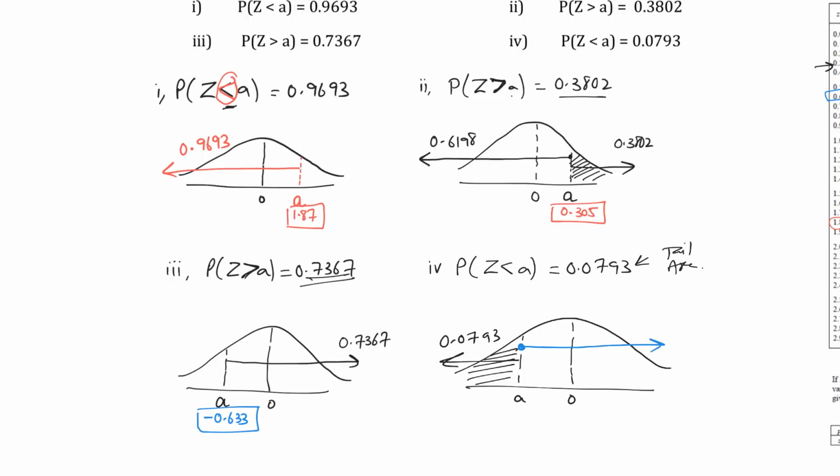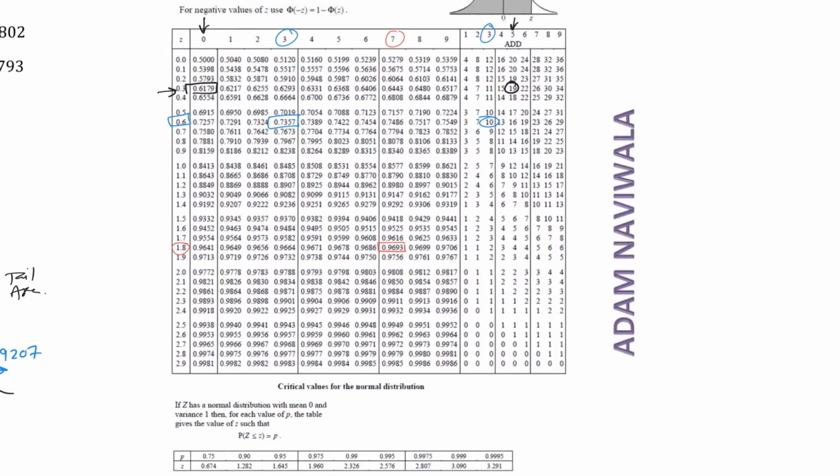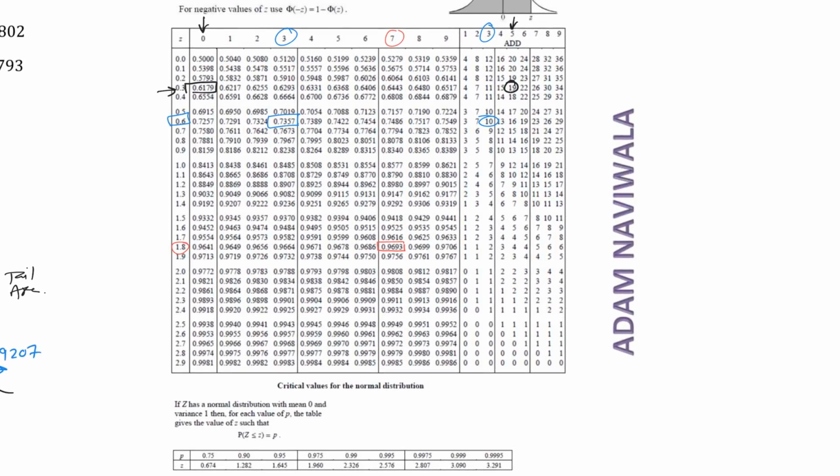So 1 minus 0.0793 is 0.9207, and you will refer to your table to find the value of Z for 0.9207. Here we go.